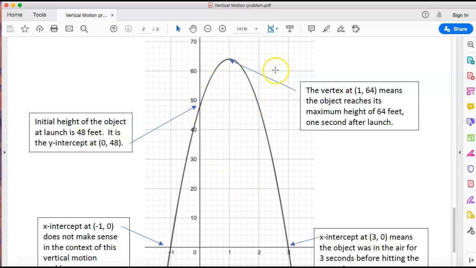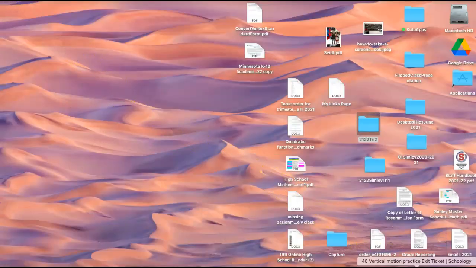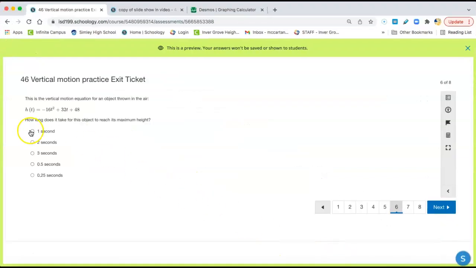The object reaches its maximum height of 64 feet 1 second after launch. It says it right there. So go ahead and take it: 1 second. Of course, it's 32 divided by 32. That's 1.